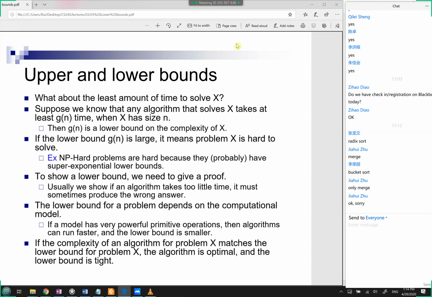Let's say all the numbers are between 0 and 100. Then you're just going to make an array of size 101. You go through your array of n numbers, and for each one, which is a number from 0 to 100, you keep a count of how many copies of each number you've seen. If you see a 3, you increment the counter for 3. If you see a 5, you increment the counter for 5.